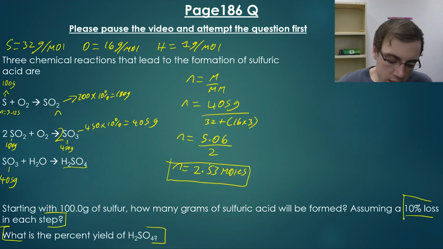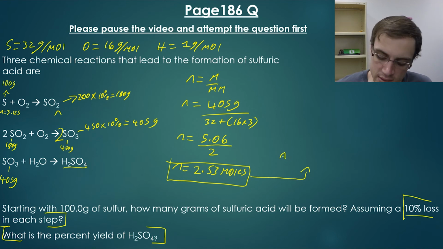So what we do now is, again, we can now bridge this over here. So again, we have a 1 is to 1, so we don't need to worry about changing this molar concentration anymore. So we now go to calculate the moles and eventually the mass of sulfuric acid.